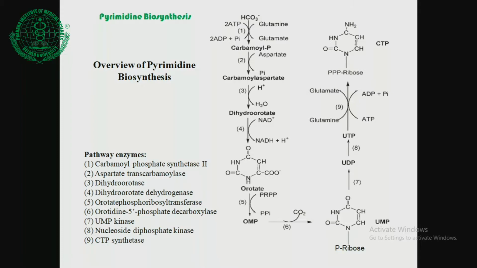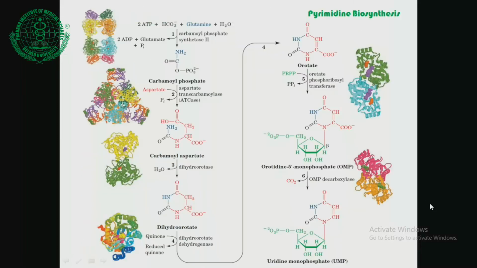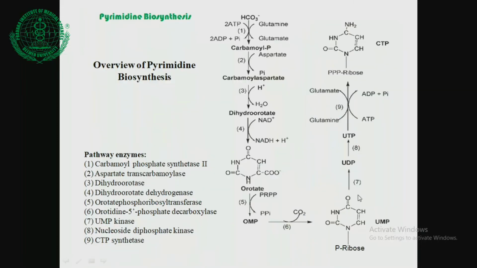This nucleotide is further phosphorylated and that gives uridine diphosphate. The enzyme that acts on it is UMP kinase. And in the next reaction, uridine diphosphate is further phosphorylated to uridine triphosphate. And the enzyme is nucleoside diphosphate kinase.